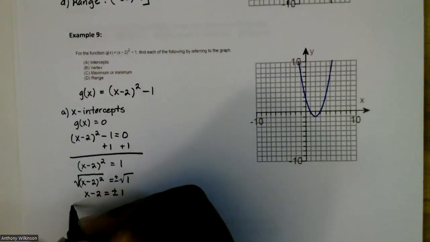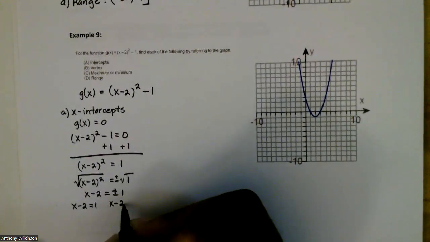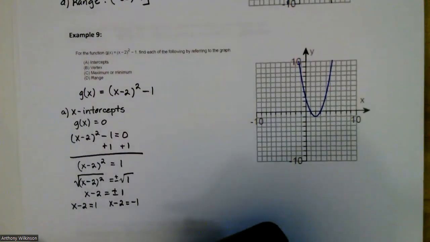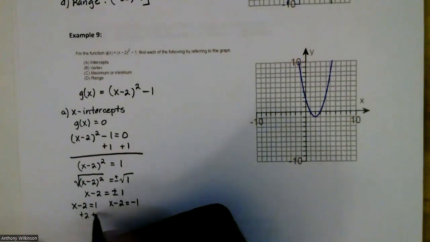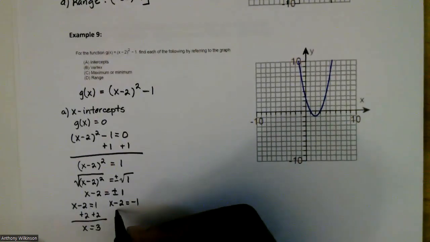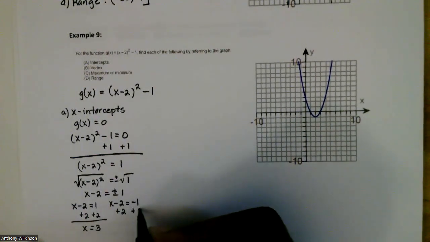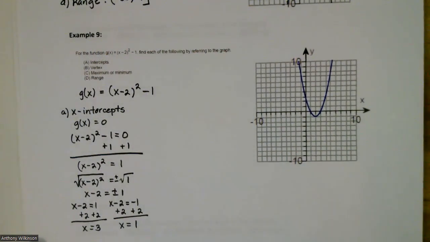That means I have two equations. x minus 2 is equal to 1. x minus 2 is equal to negative 1. So for x minus 2 is equal to 1, if I add 2, that would mean x is equal to 3. And then for x minus 2 is equal to negative 1, if I add 2, I get x is equal to 1.